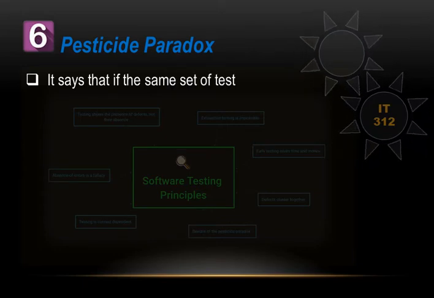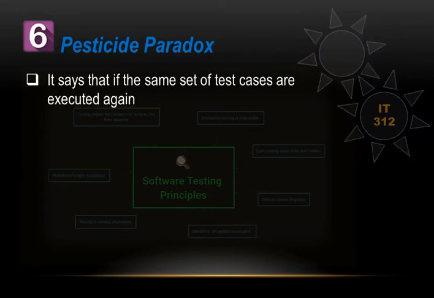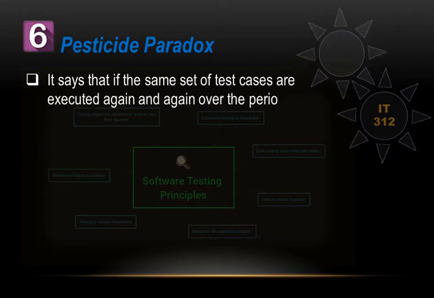Number 6 of the software testing principles: the pesticide paradox.